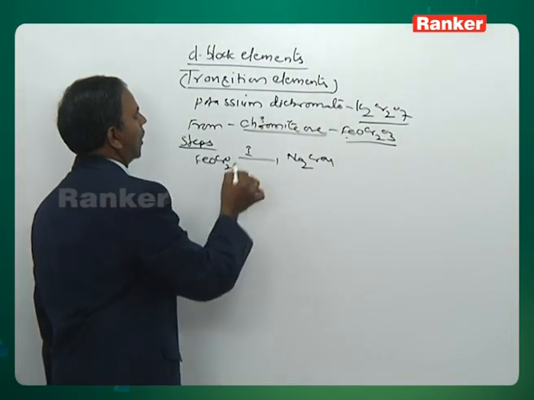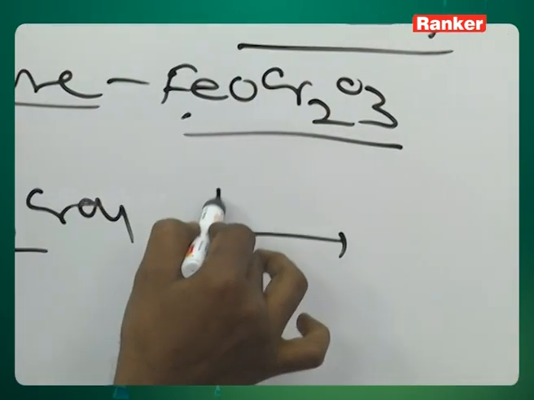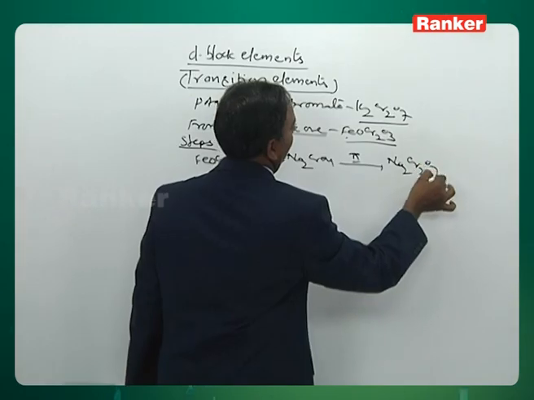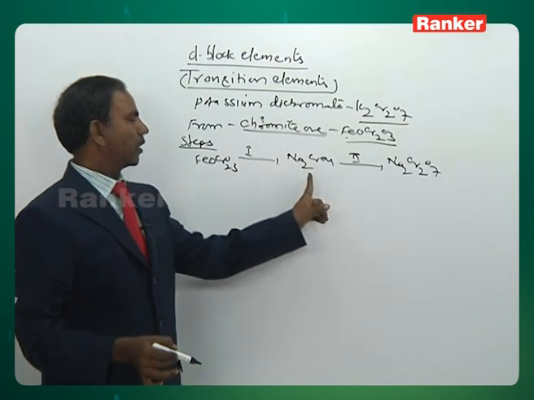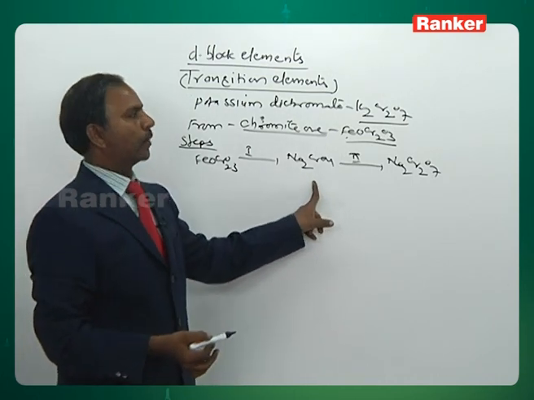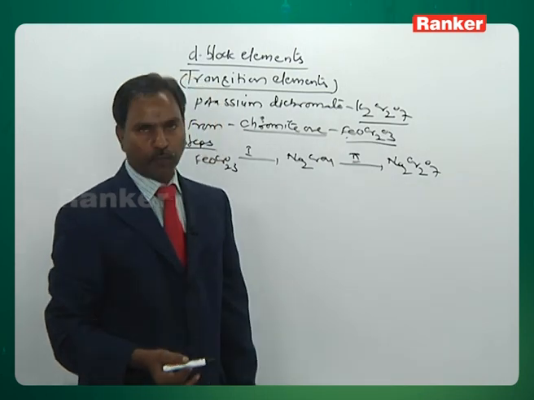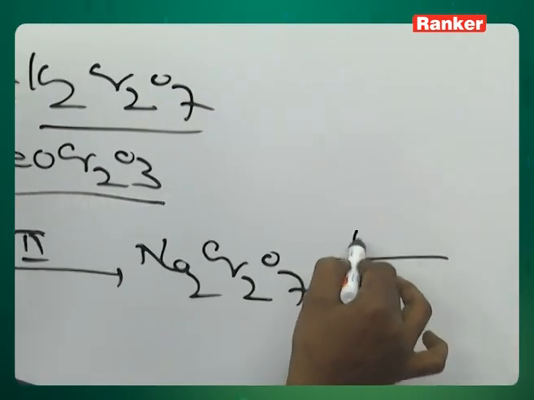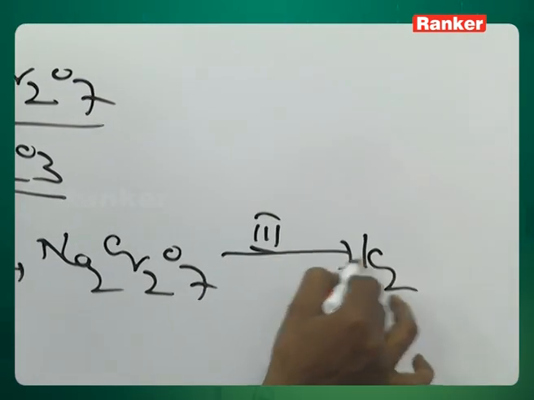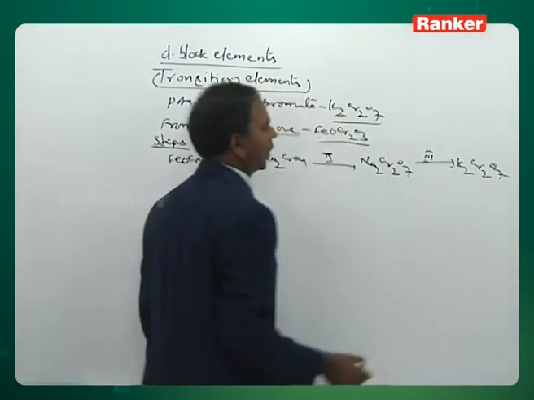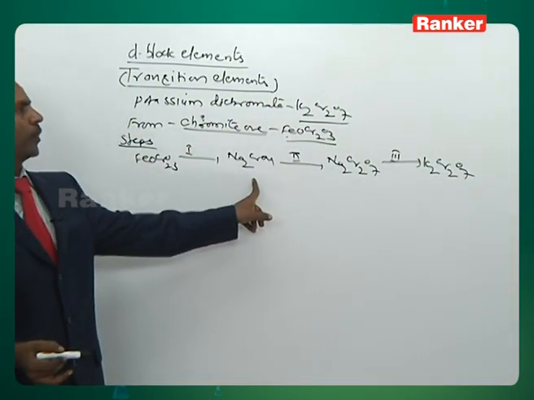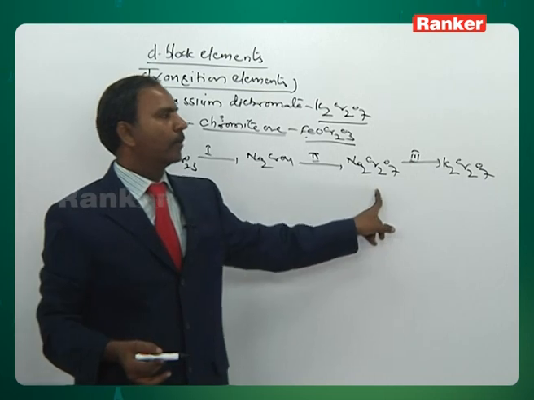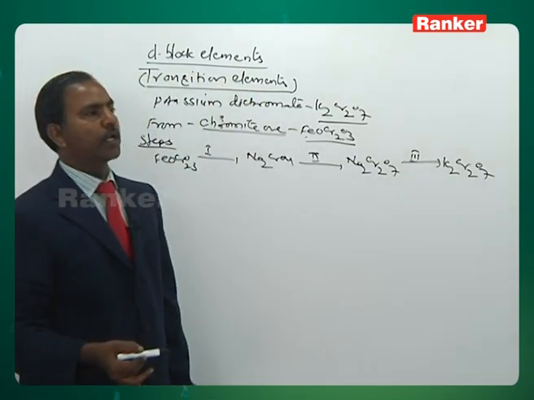In the second step, sodium chromate is converted into sodium dichromate, Na2Cr2O7. In the third step, sodium dichromate is converted into potassium dichromate.